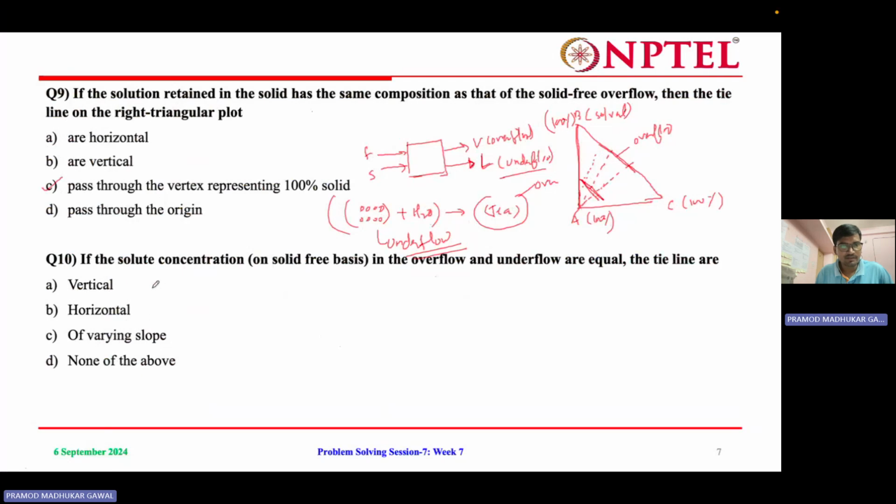Moving to question number 10: if the solute concentration on a solid-free basis in overflow and underflow are equal. Here it is mentioned solid-free basis.